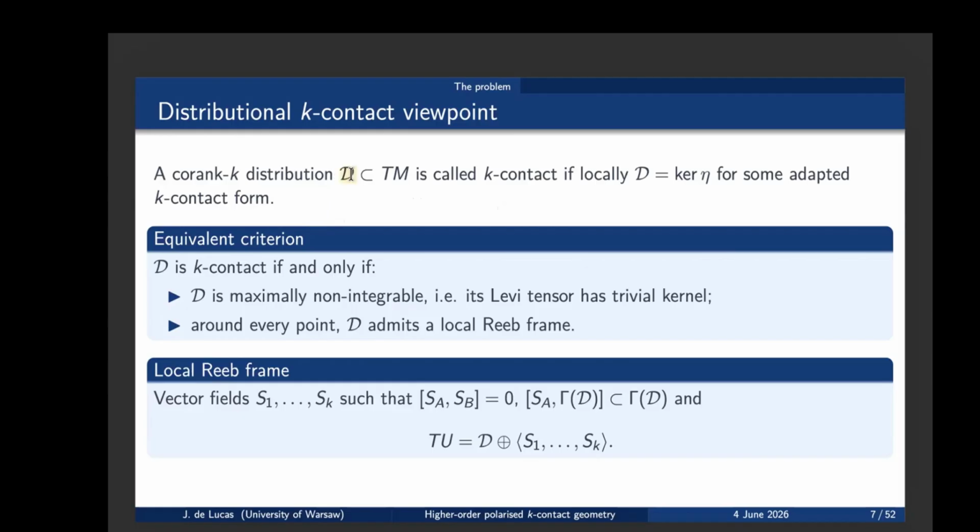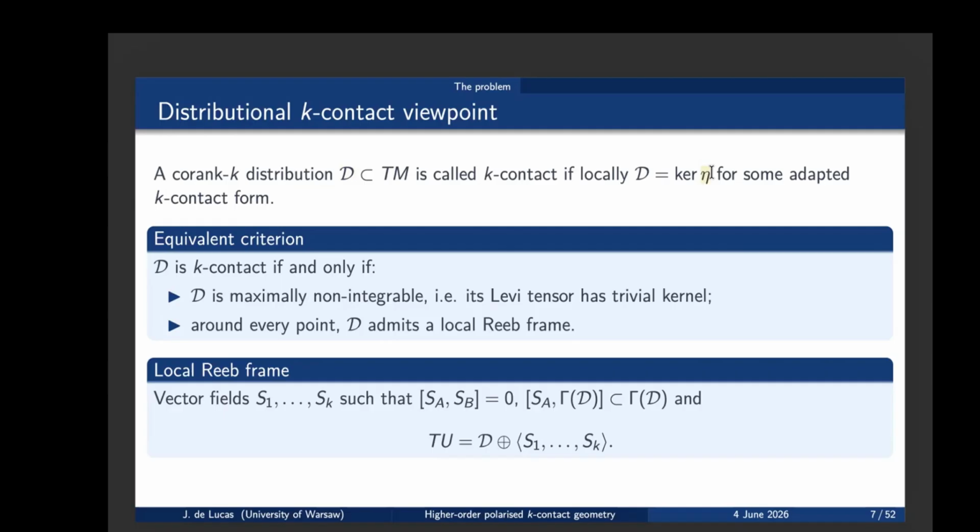This was our idea: k-contact forms are defined locally, but we require the distribution to be described by means of these k-contact forms locally.